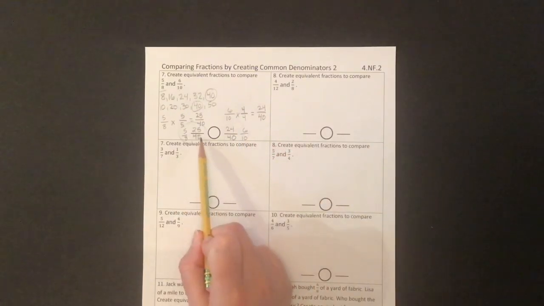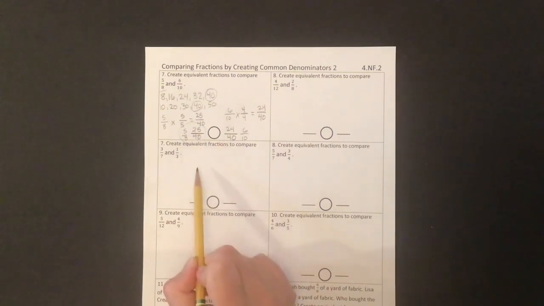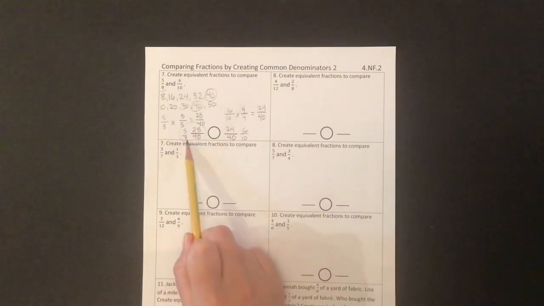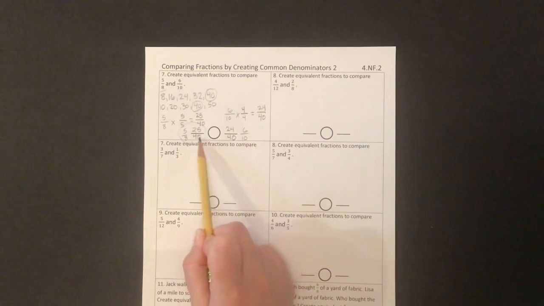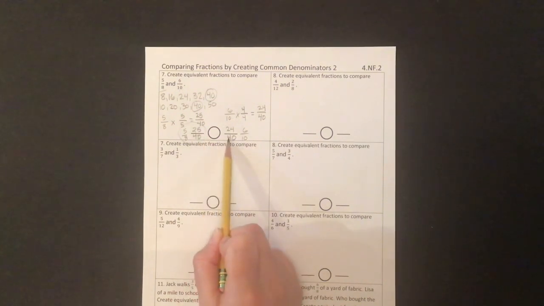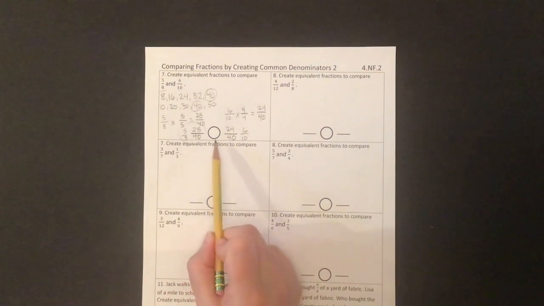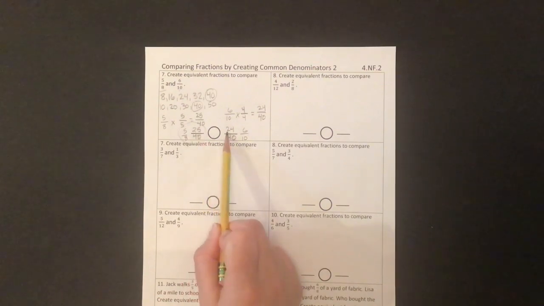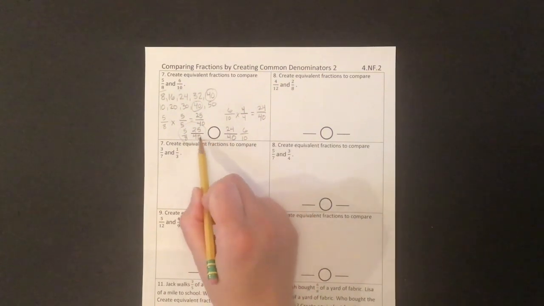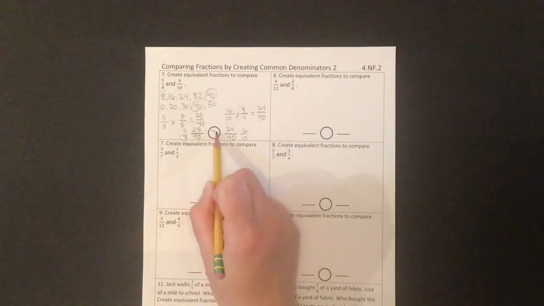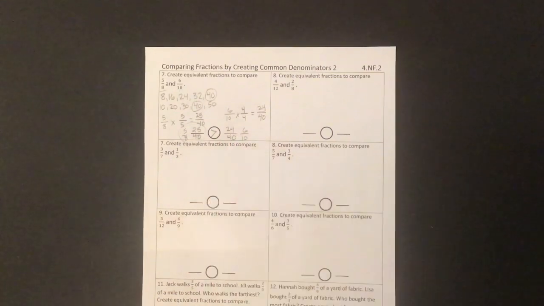Now, if we had the fraction bars, we would find out that these are really, really close to each other. In fact, when we change to 40ths, we can see that they are only one piece off from each other. So 25/40 is just a little bit bigger than 24/40.